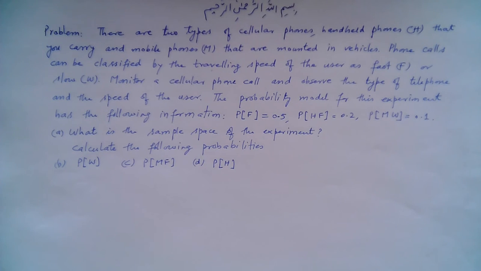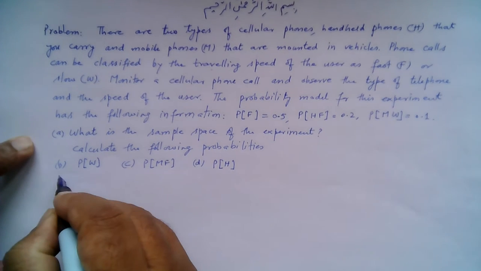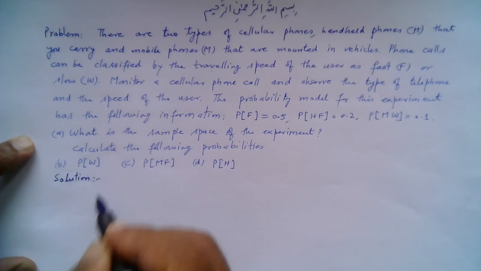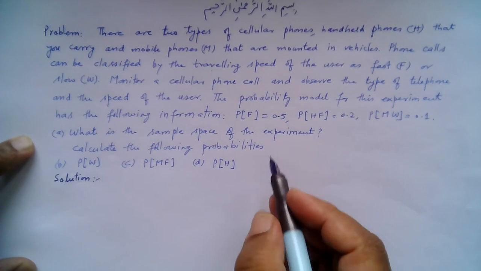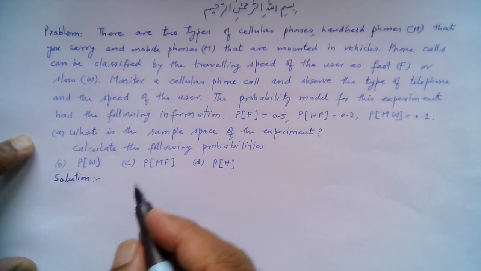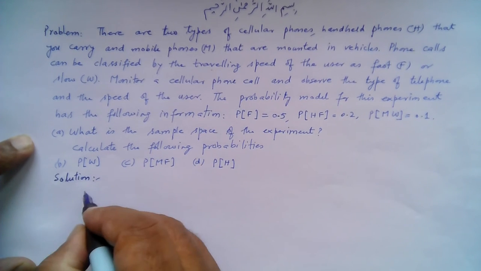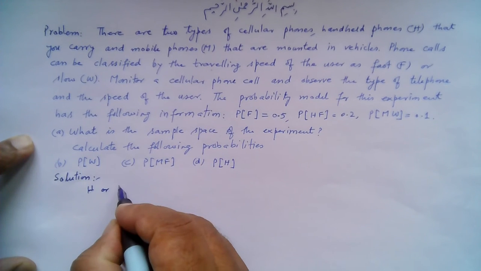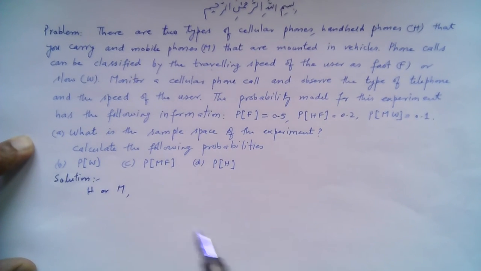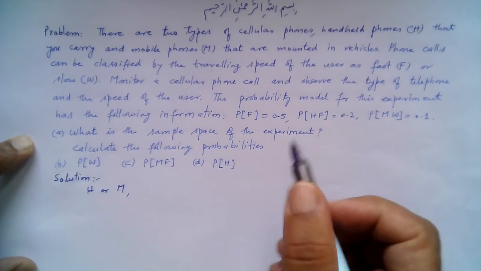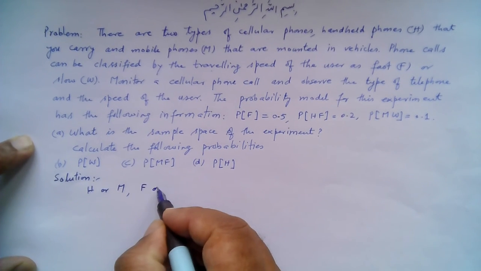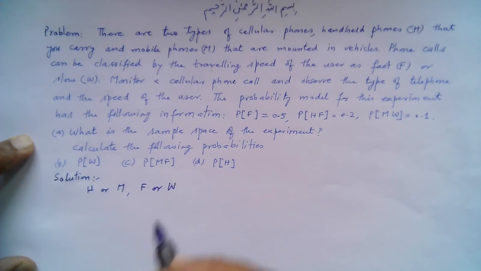So let's first find out the sample space of this experiment, which is quite easy to find because the phone can be either handheld or the mobile phones mounted in vehicles, and similarly the user can be either fast or it can be slow, right?